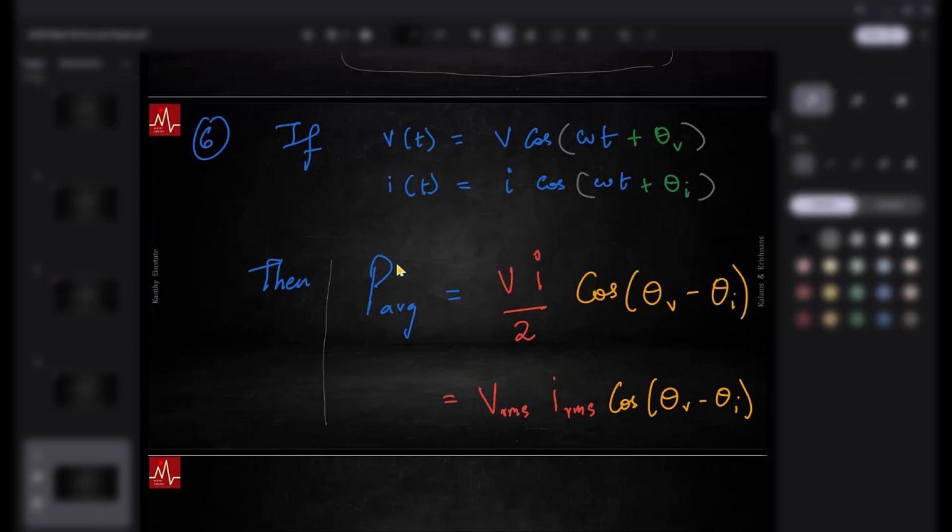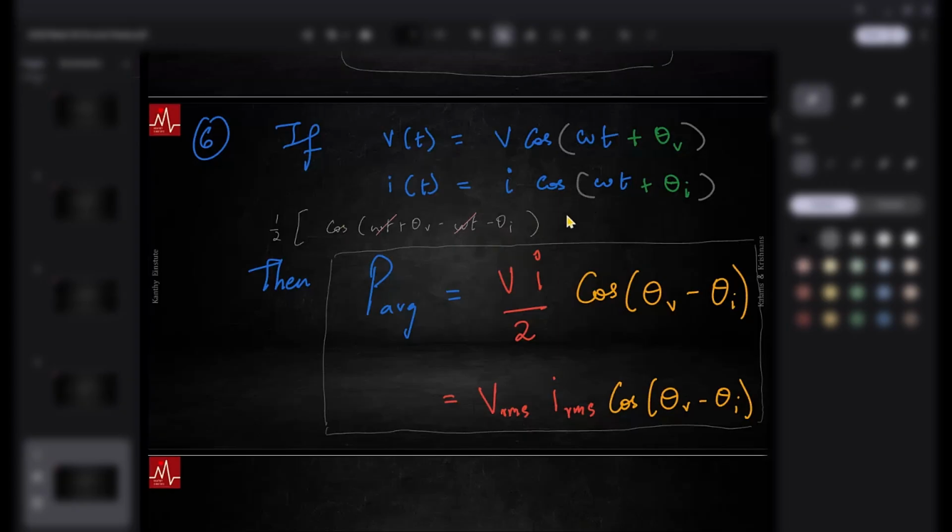Does anyone agree? Is there anyone who can read between the lines here? That is, I have not shown the derivation. I did show the derivation, not today, but in one of the primer classes. Does anyone recognize this? Notice cos A cos B will be this. So this function will be half of cos of (omega t plus theta v minus omega t minus theta I). So this is a constant.